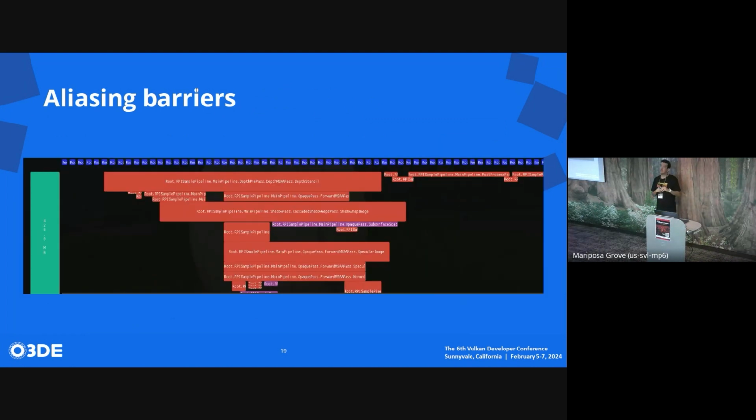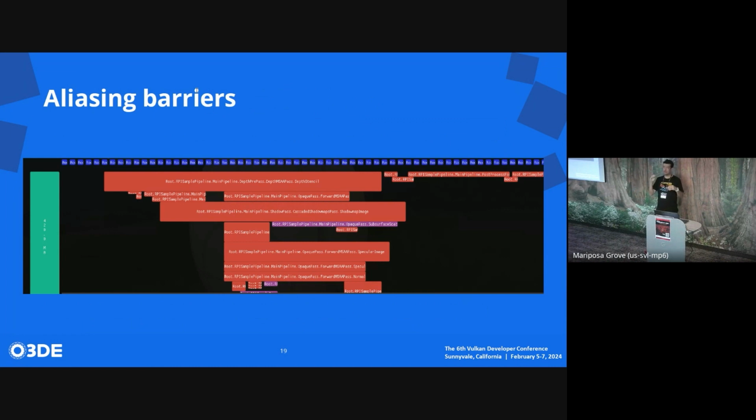This is an example of one of our tools where the green rectangle represents the memory that is going to be shared. The blue rectangles on the top are all the passes that are running, and the red rectangles represent the resources that are being created.